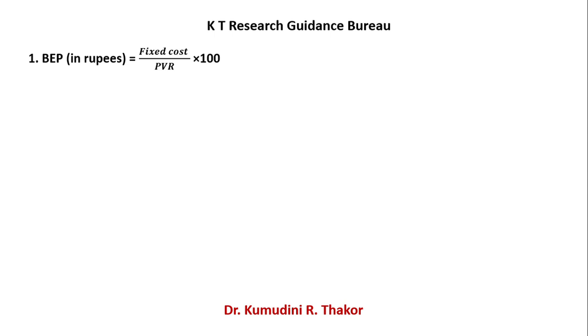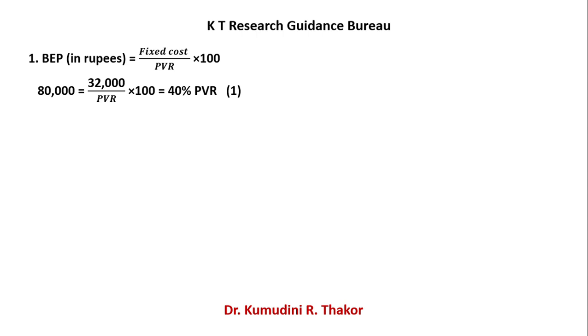First of all, let's try to understand break-even point in rupees. You know the formula. BEP is equal to fixed cost by PV ratio into 100. Fixed cost is already given. Moreover, break-even point sales is also given. So with these two figures, easily you can find out PV ratio. 80,000 is your break-even point sales.